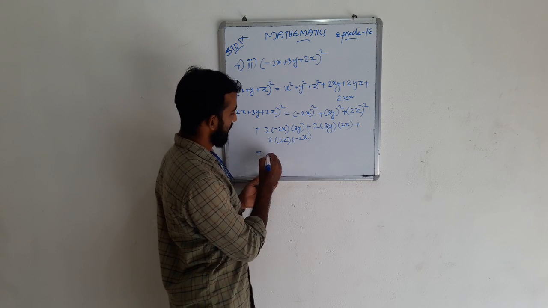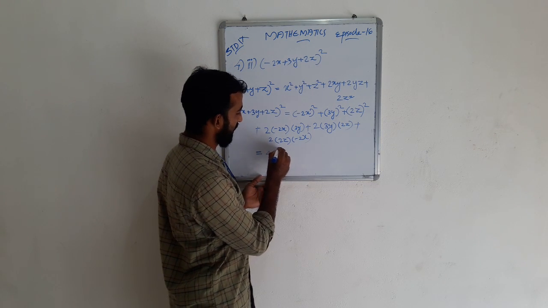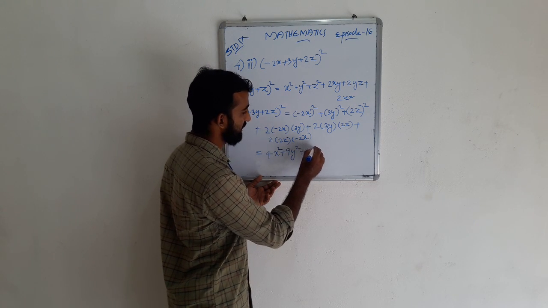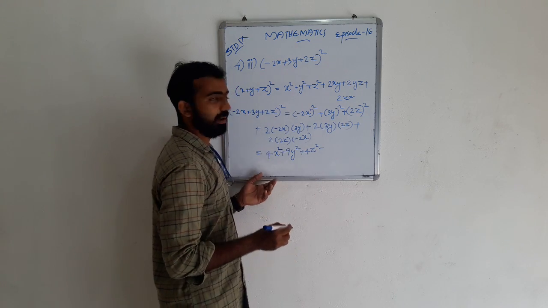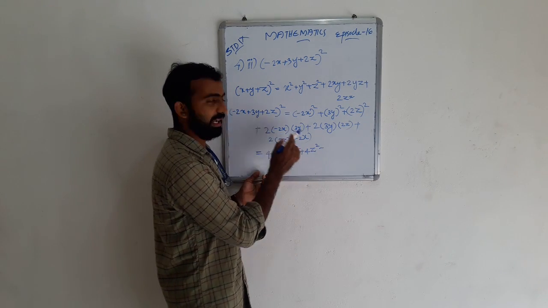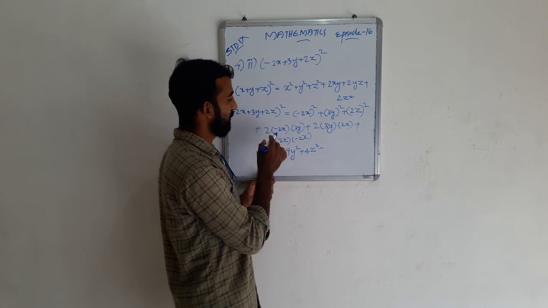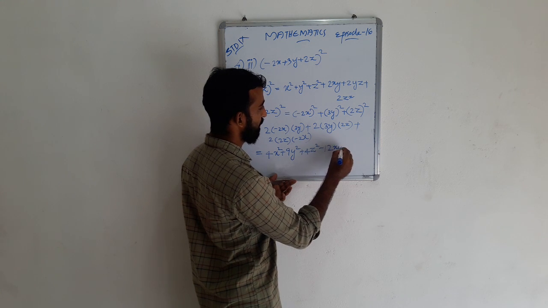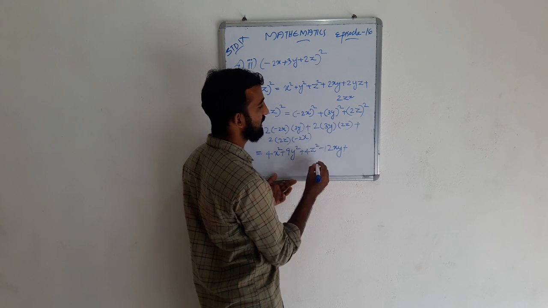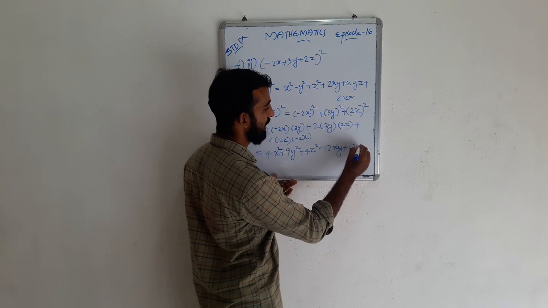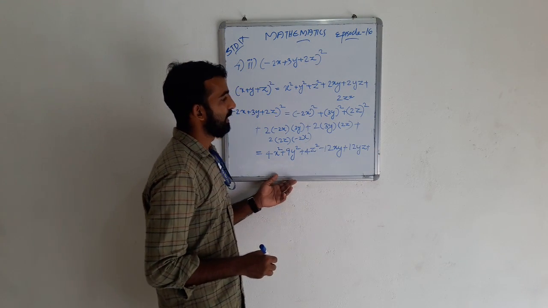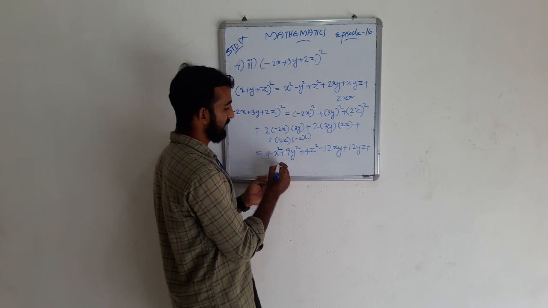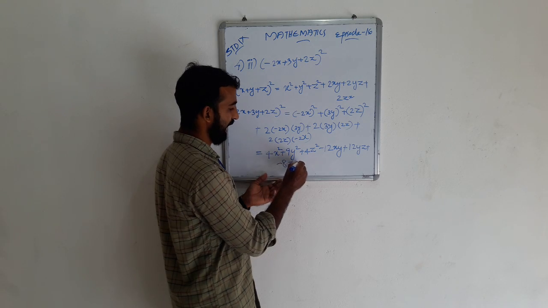That is we can write 4x square plus 9y square plus 4z square plus, here we get negative because 2 into negative 2, negative 4, 4 into 3, negative 12xy plus 2 into 3, 6, 6 into 2, 12yz plus 2 into 2, 4, 4 into negative 2, minus 8zx.